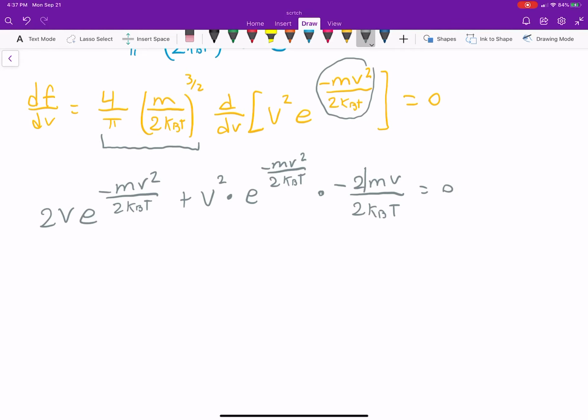Okay, well, these 2's drop. A negative I can put out front. So there's that. And I can move this whole side over to the right. So 2, I'm going to also do one more step. I'm going to divide out by a v.